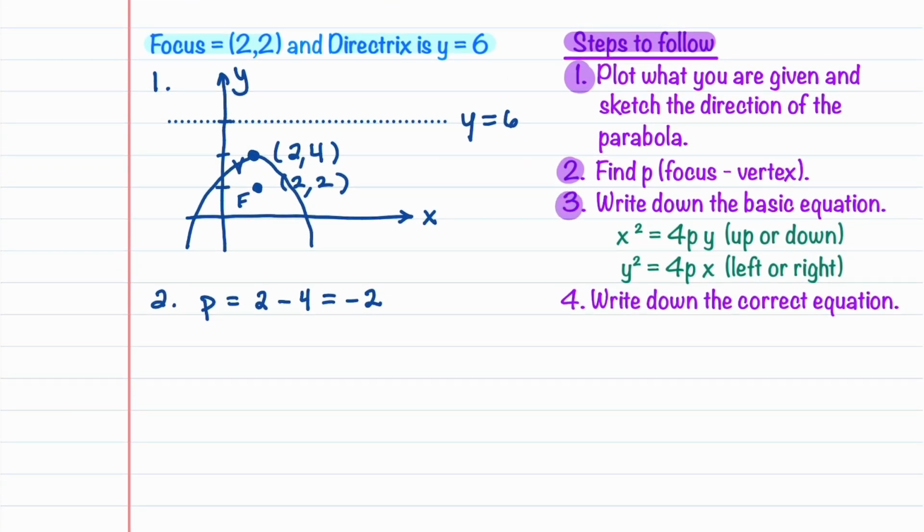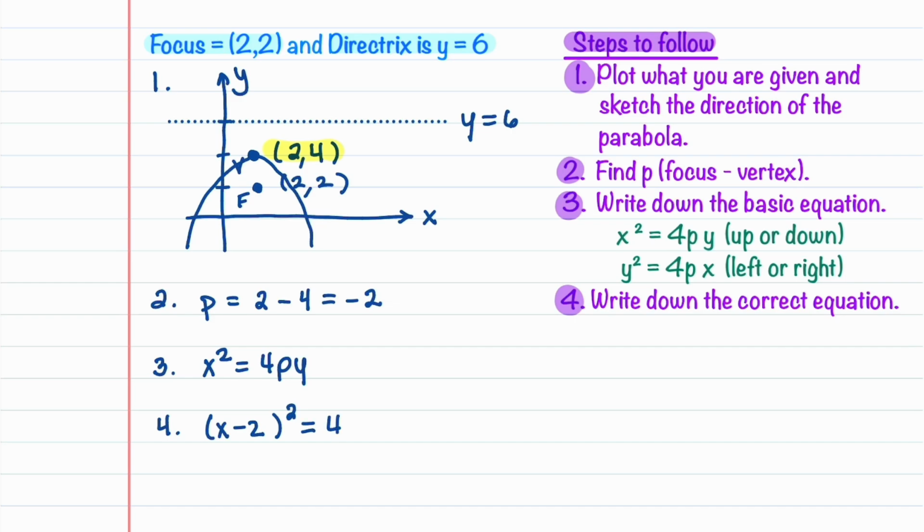Now let's go on to step 3. That step is to just write down the basic equation. We have an equation that opens downward, so the basic equation is going to be x squared is equal to 4py. And now we can write down the correct equation and put in the vertex and p. Instead of x squared, we're going to have x minus 2 quantity squared, just looking up there at the vertex.